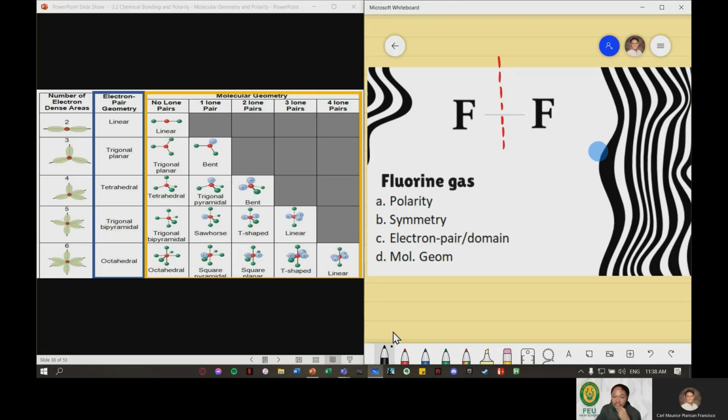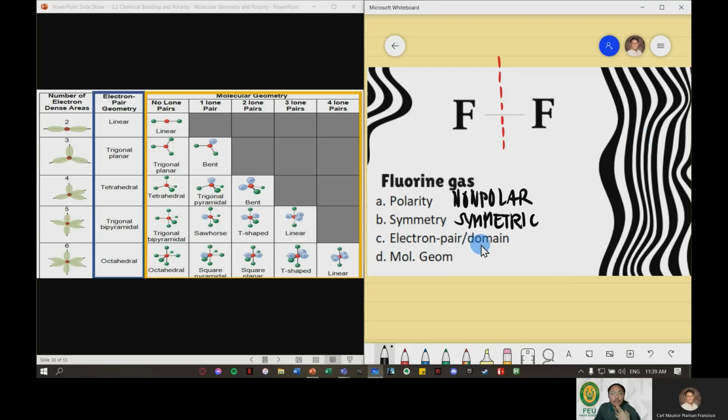So the moment that you see they are of mirror image, you would be answering this one as symmetric. Okay, and then if they are symmetric or symmetrical, this would be non-polar. It's automatic, symmetric non-polar. On the other hand, asymmetric polar.